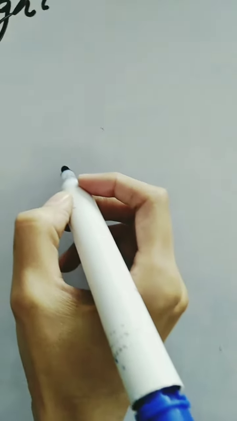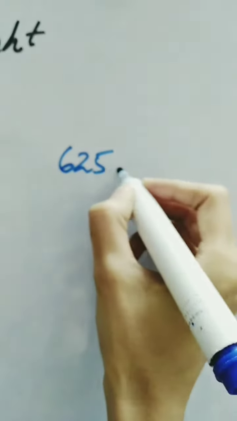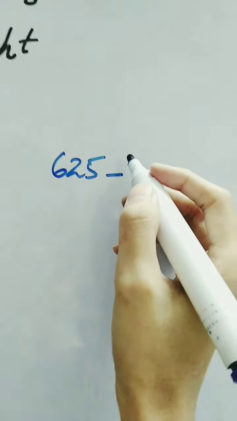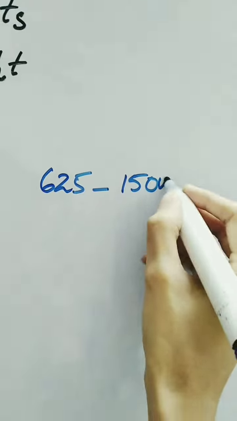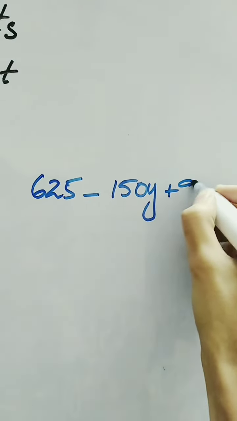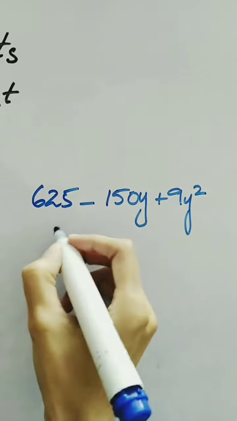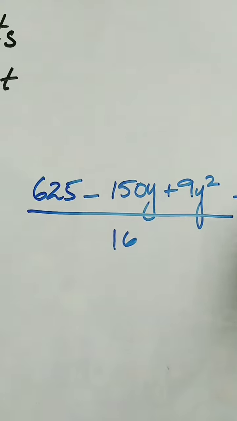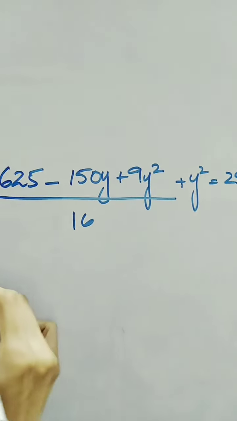So here a is 25, so it becomes 625, 25 into 25, and 2ab, 2 into 25 into 3y, so it becomes minus 150y plus 3y into 3y is 9y square, divided by 16, plus y square is equals to 25.